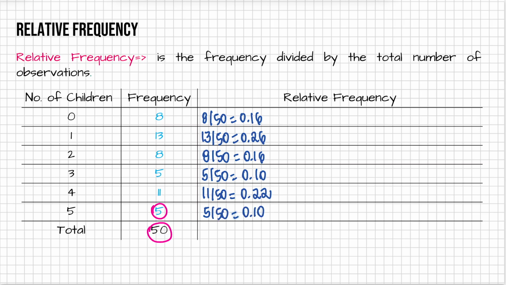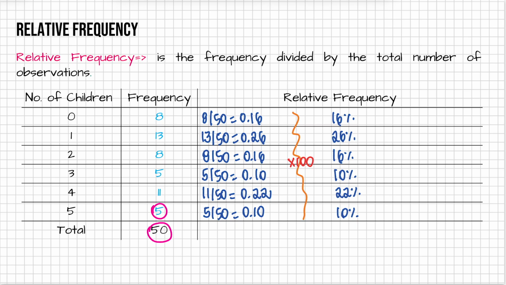We can leave these results as proportions, like we just did, or we can convert them into percentages, simply by multiplying by 100. So, multiplying each proportion by 100, we get 16%, 26%, 16% again, 10%, 22%, and 10%.